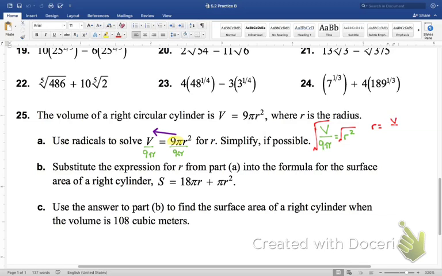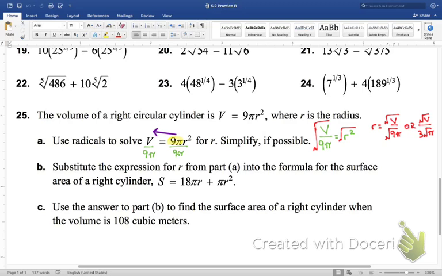and you can write it as the square root of V over the square root of 9 pi, or you could write this as the square root of V over 3 times the square root of pi. It's really up to you.